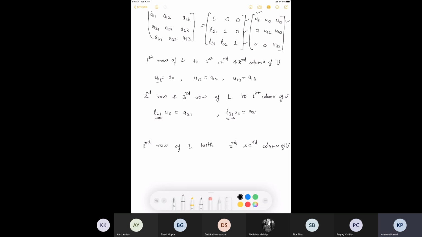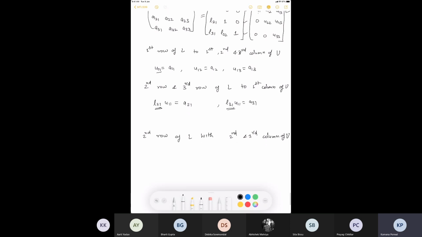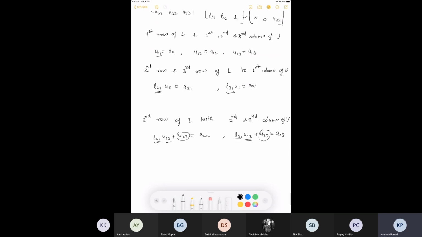I already know L21, so I will be able to determine U22 and U23 from there. I will get L21 times U12 plus U22 equals A22, and L21 times U13 plus U23 equals A23. L21 is known to you, and U12 and U13 are known to you. So you can compute U22 and U23 using these two equations.